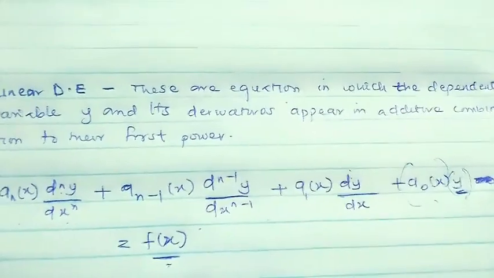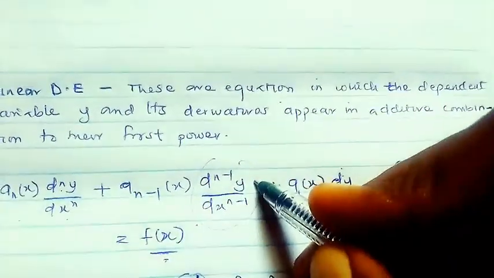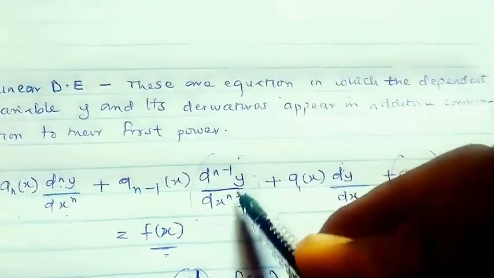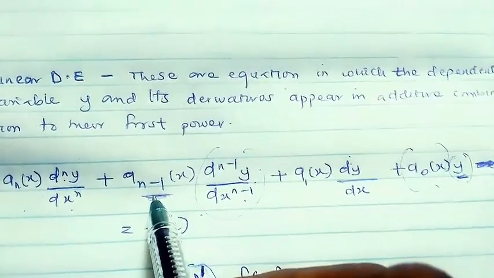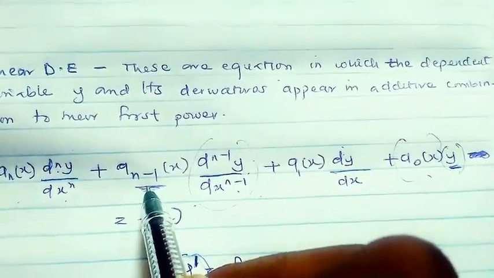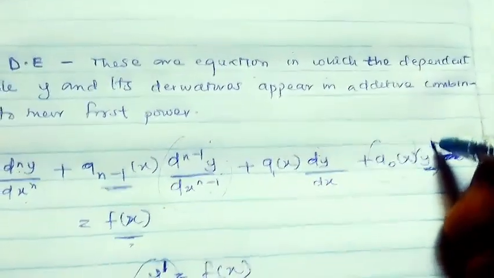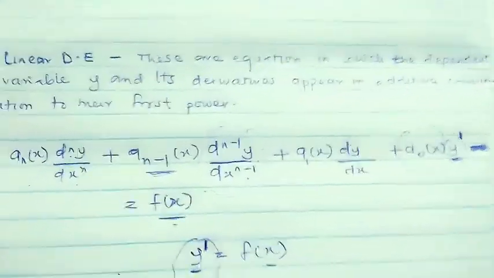So a linear differential equation must have derivatives of the dependent variable with respect to the independent variable, and those derivatives must be multiplied by coefficients of x, and also the dependent variable must be of power 1. Any equation in which the dependent variable is not of power 1 is not a linear differential equation.